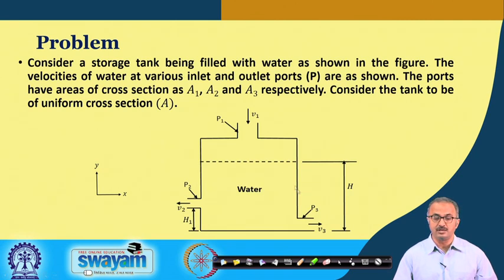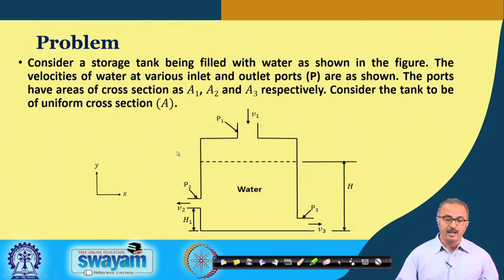Now please note that these velocities are average velocity over the whole cross section. That means we are not considering any distribution of the velocity across the cross section. And the areas of each of the ports are taken to be A1, A2, A3, and the area of cross section of the tank is taken as A.